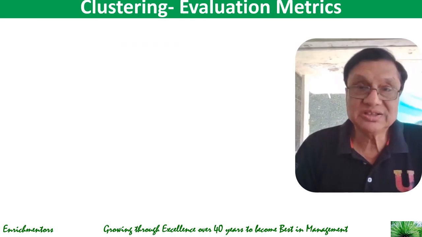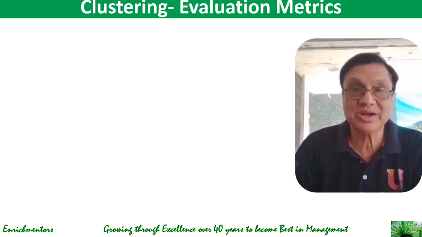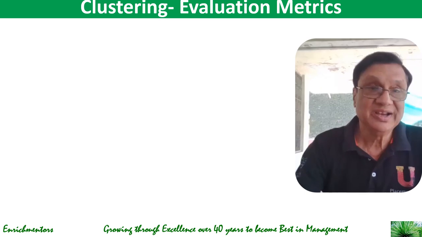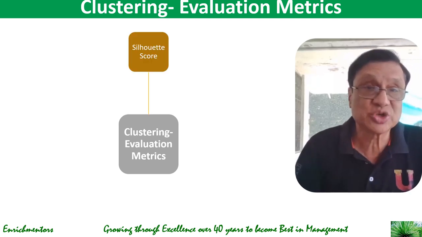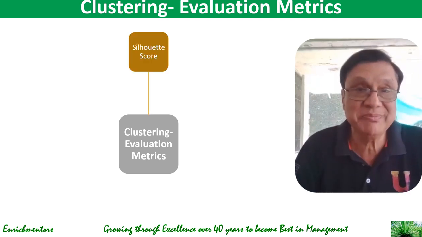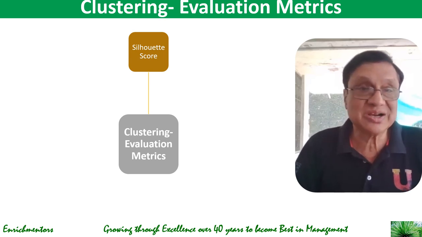So what are the evaluation metrics for a model that does clustering tasks? How do you figure out whether this model is doing the right things? There are a lot of new things here for you to see. The first one for the clustering evaluation metrics is what I call the Silhouette score, which measures how similar an object is to its own cluster compared to other clusters.